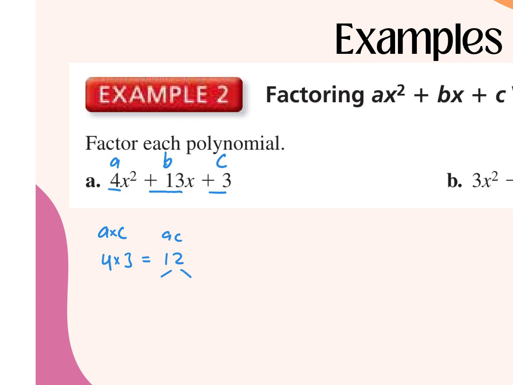A lot of you can probably think of the factors of 12 that will add to 13 in your head, or you can list them out. 1 and 12 are factors that add to 13. So this is going to be the pair of numbers that we're going to use.